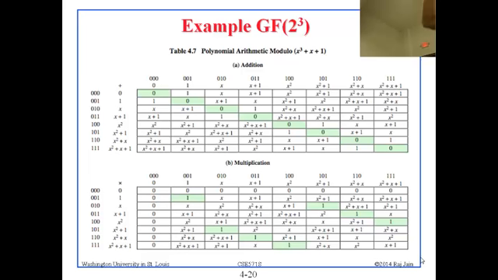One polynomial is this one, right? So everything has to be done with respect to this polynomial. Yeah, I was just wondering why that polynomial. Okay, so hold on. If you take another polynomial, you will get a different table. Okay.